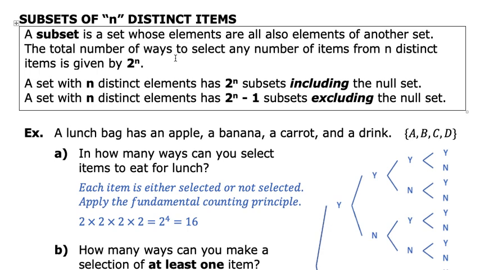Like we saw in that example, it's like the Pascal's row sums. But we can think of this as the fundamental counting principle. Each choice is either selecting it or not. A set of n distinct elements has 2 to the power n subsets, including the null set. And a set of n distinct elements has 2 to the n minus 1 subsets, excluding the null set.